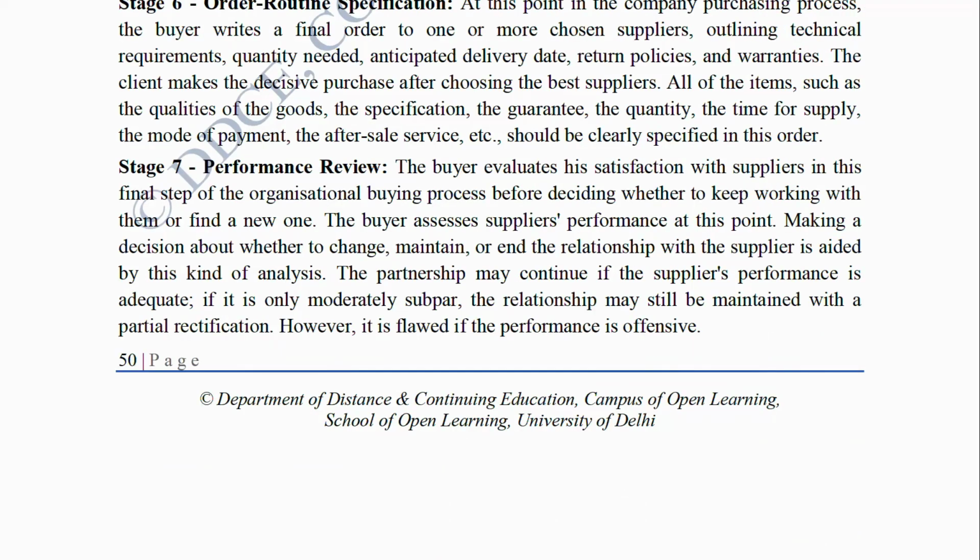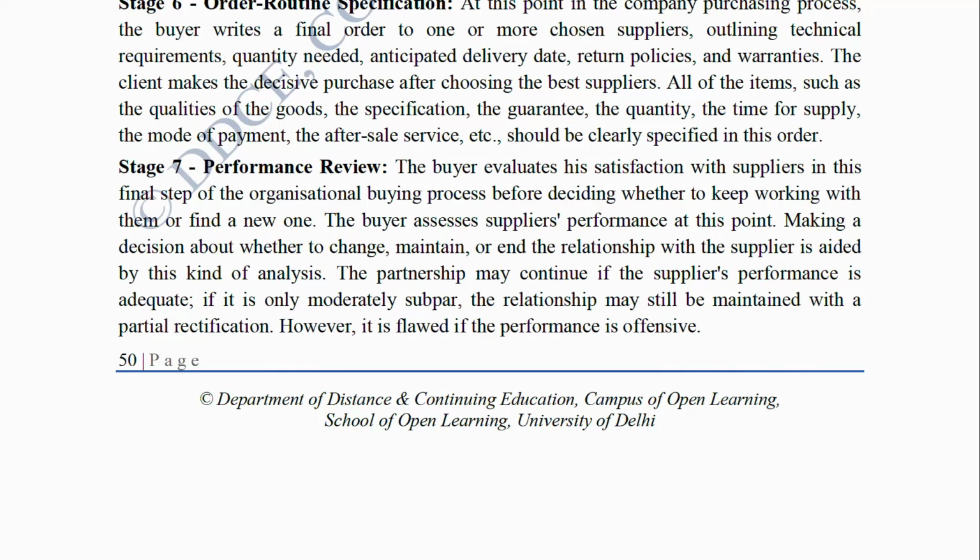Stage 7: Performance review. The buyer evaluates his satisfaction with suppliers in this final step of the organizational buying process before deciding whether to keep working with them or to find a new one. The buyer assesses suppliers' performance at this point.